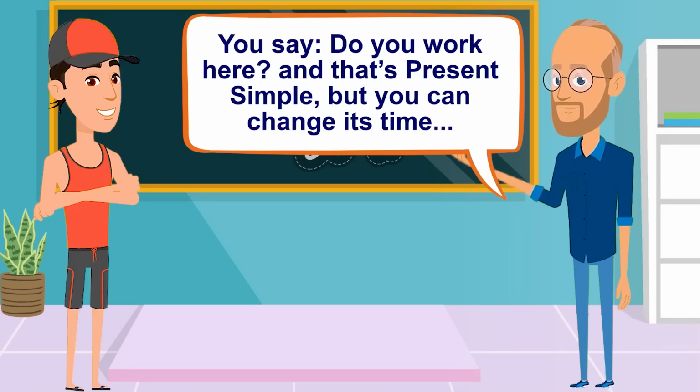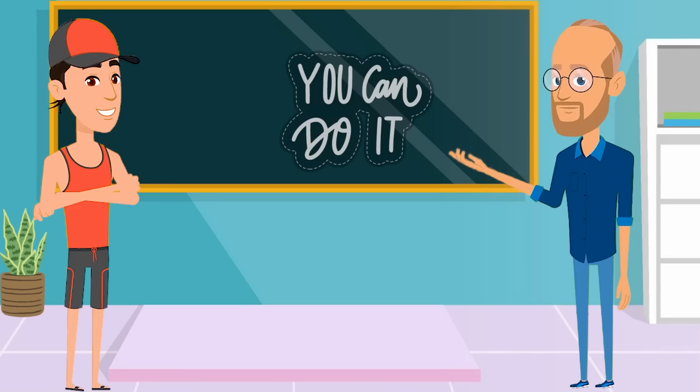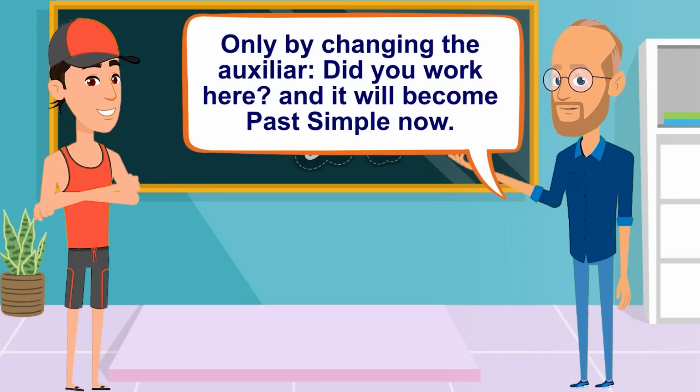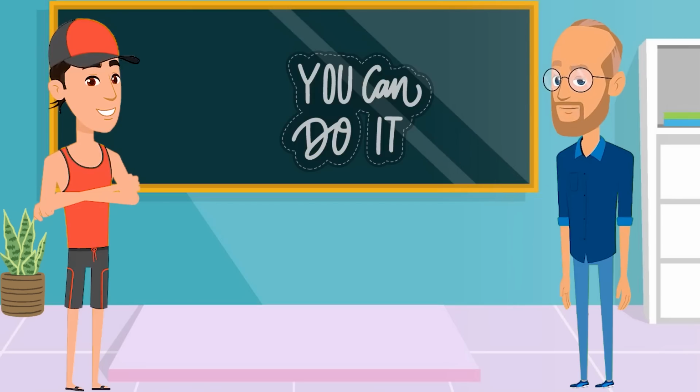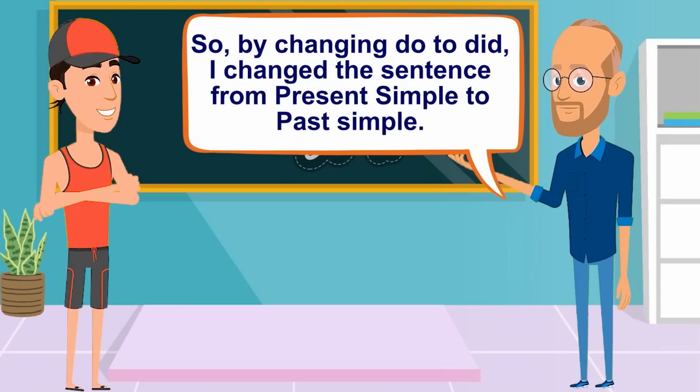And that's present simple. But you can change its time only by changing the auxiliary. "Did you work here?" And it will become past simple now. So, by changing do to did, I changed the sentence from present simple to past simple.